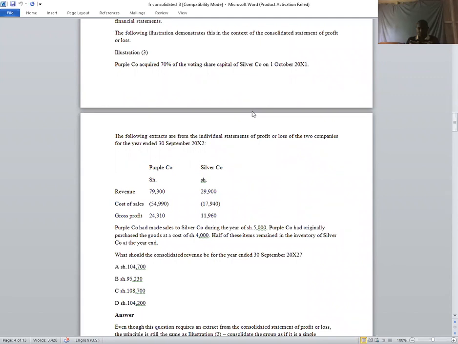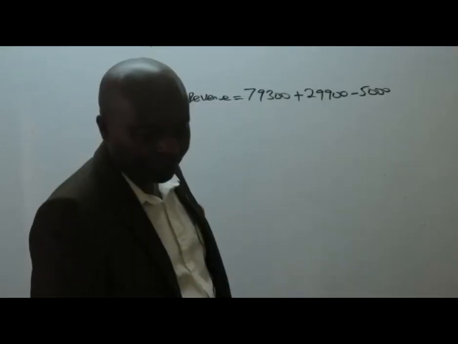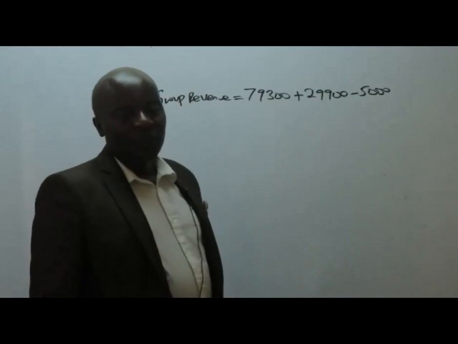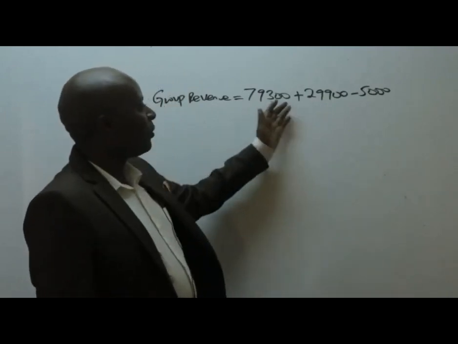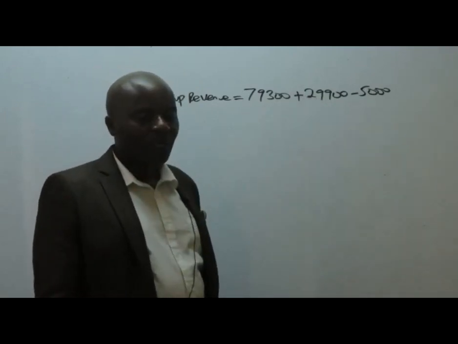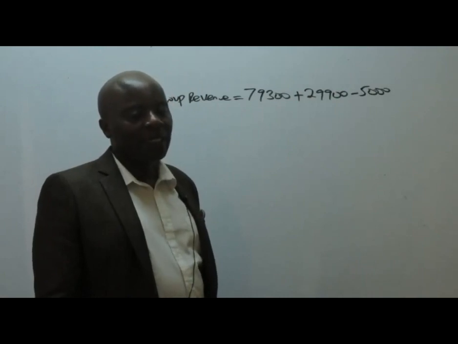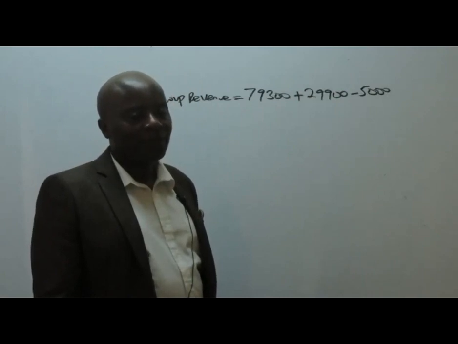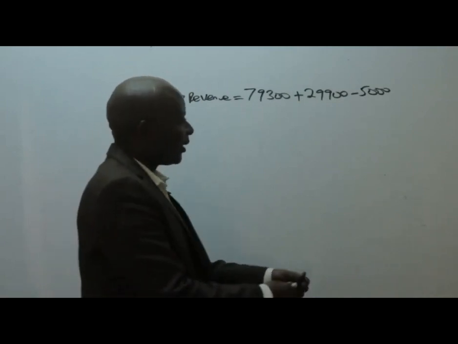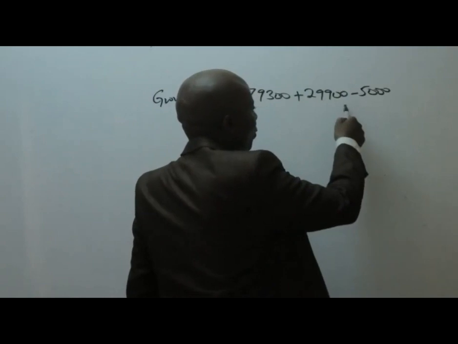Could you kindly give me the answer there? So you take the parent's sales plus the subsidiary sales minus 5,000. 104,200. That is the answer to this question. It was as simple as that.